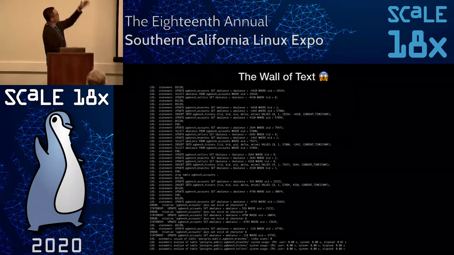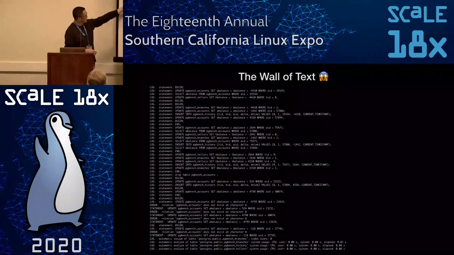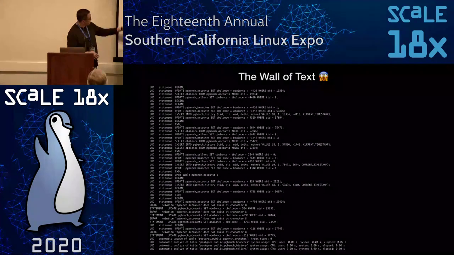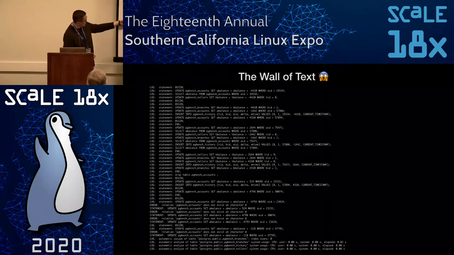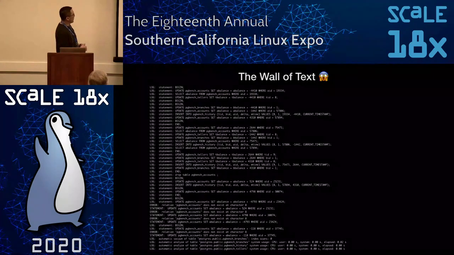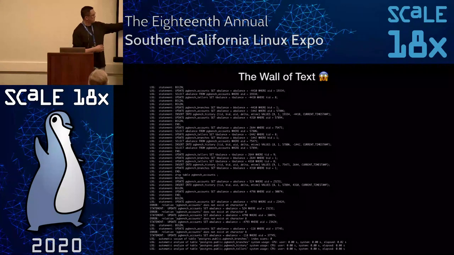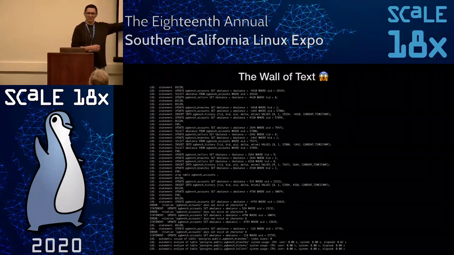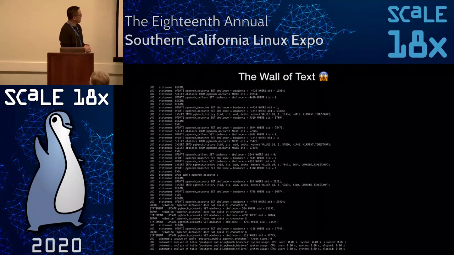If you can't read this, it's a bunch of update, insert, begin, end statements. It just says LOG: statement, and then a query. And then there are a few errors here about some relation that doesn't exist. The problem here is the relation pgbadger_accounts doesn't exist. So that means the table got dropped or something like that.